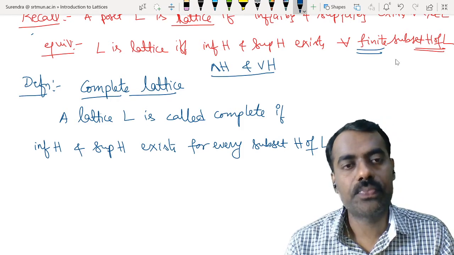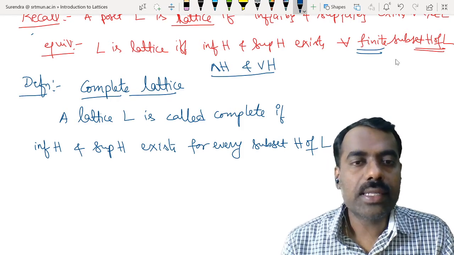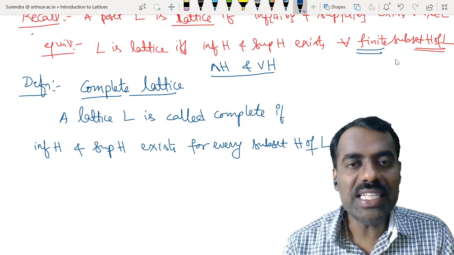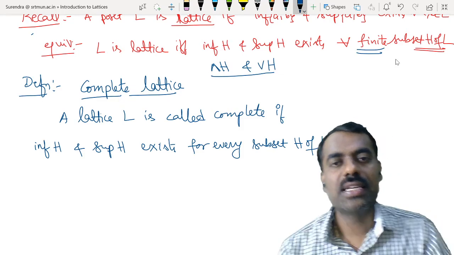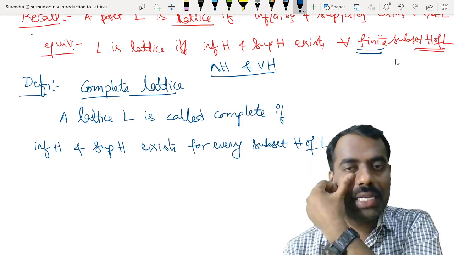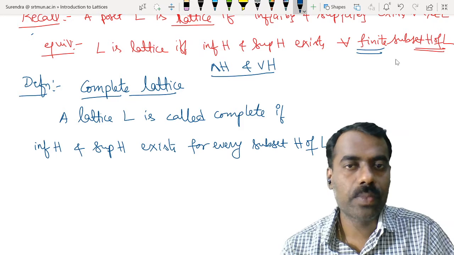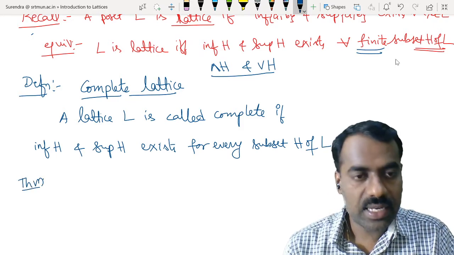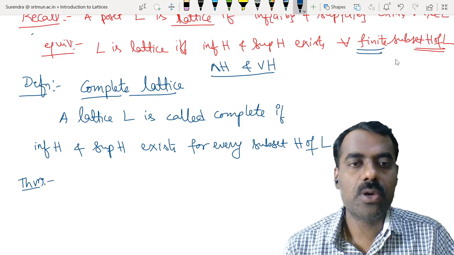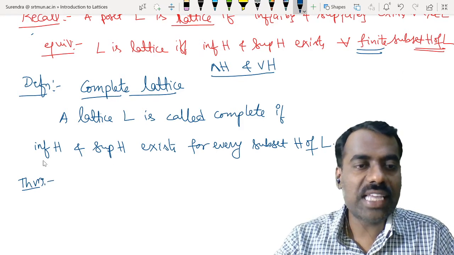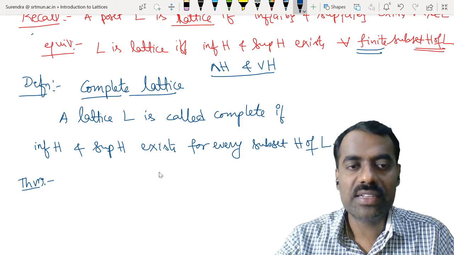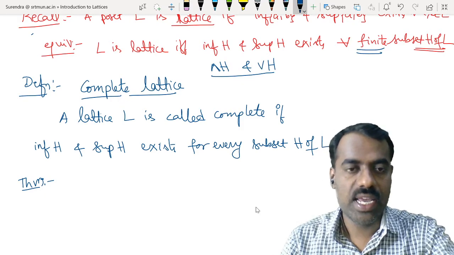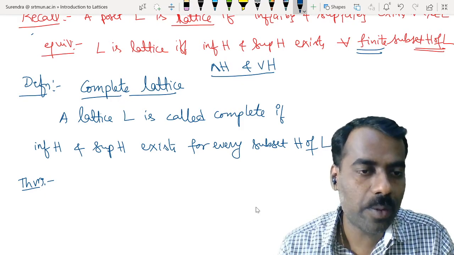Here, when we proved it, it was enough to prove that the infimum exists, and then using the dual property we prove that the supremum exists. Here we will prove a result, and then we can stop after this small result, but it is useful: it is enough if we check that the infimum of X exists for every set, then the supremum automatically exists. It doesn't just follow by the duality property, we have to prove it.